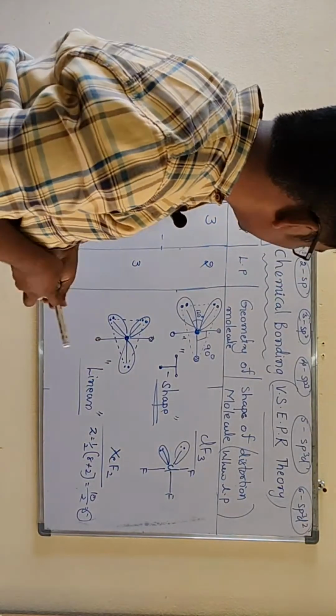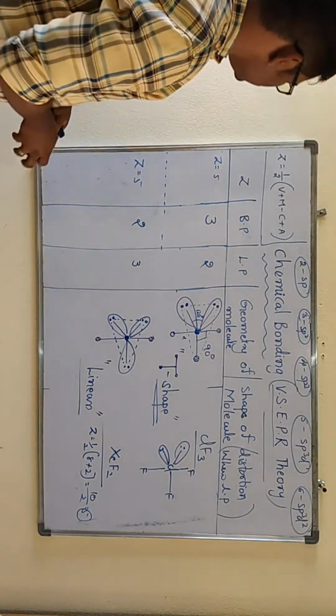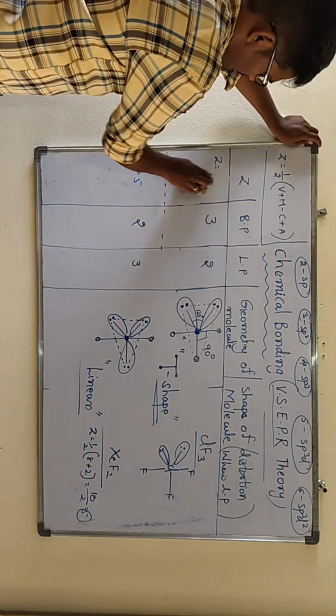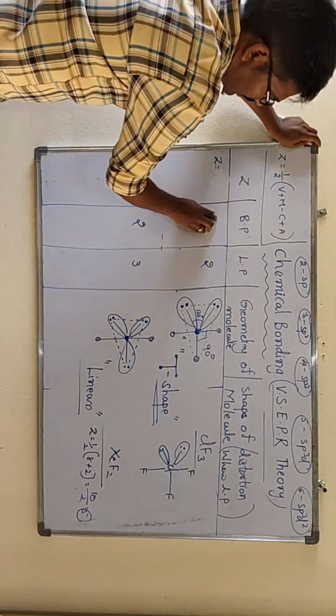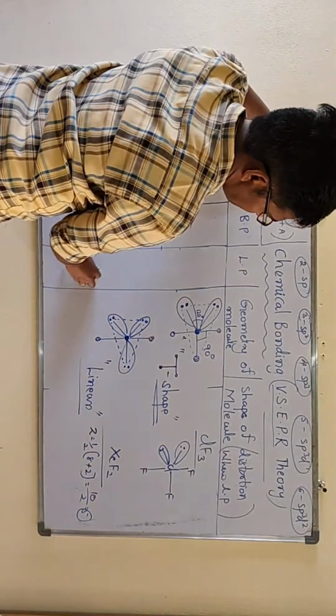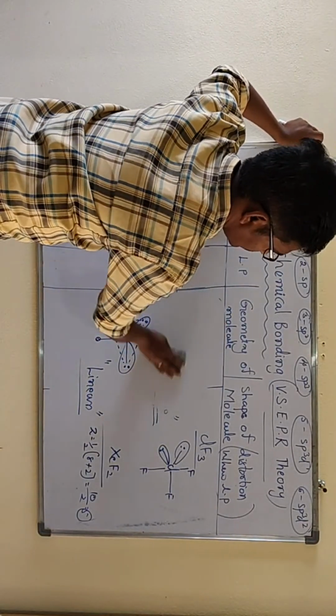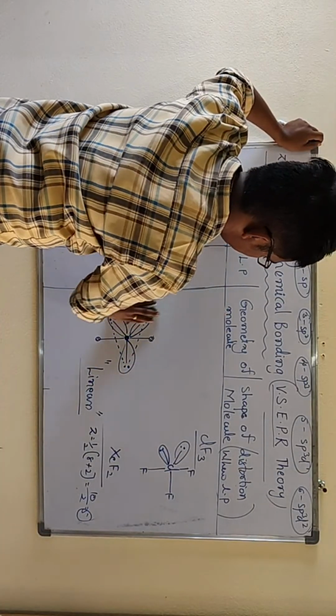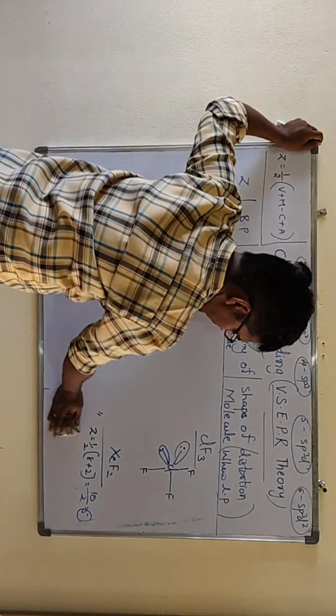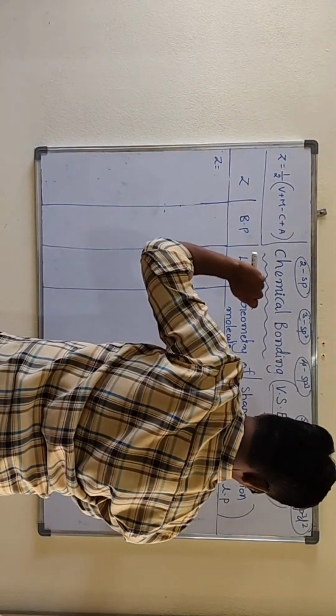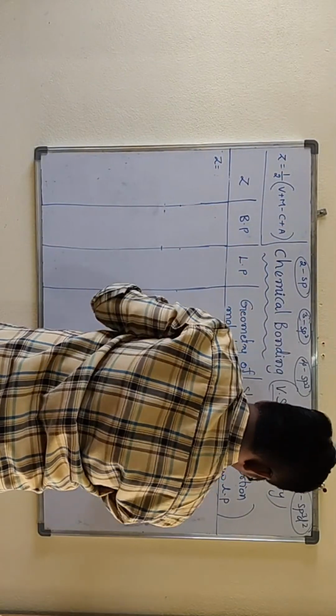So next, in case the Z value is 6. Look at when the Z value is 6. Then what molecules are there?